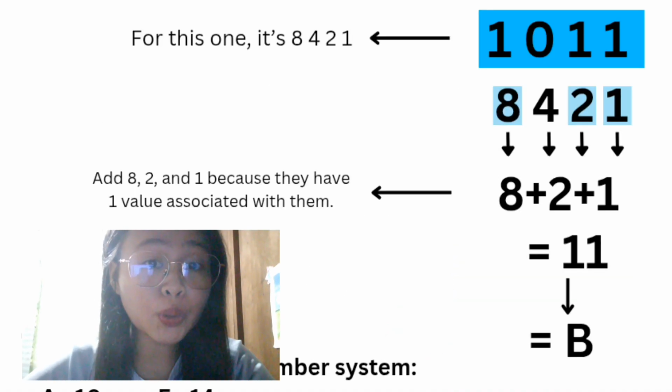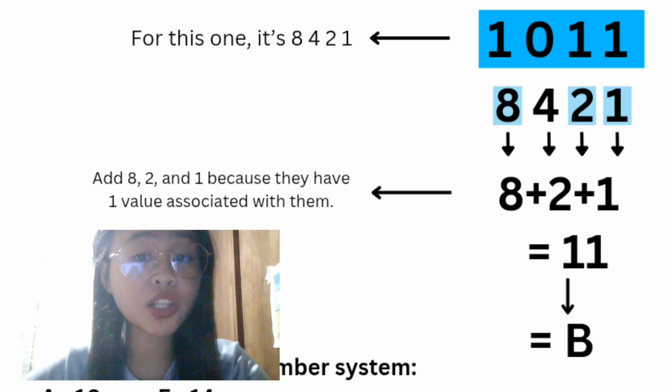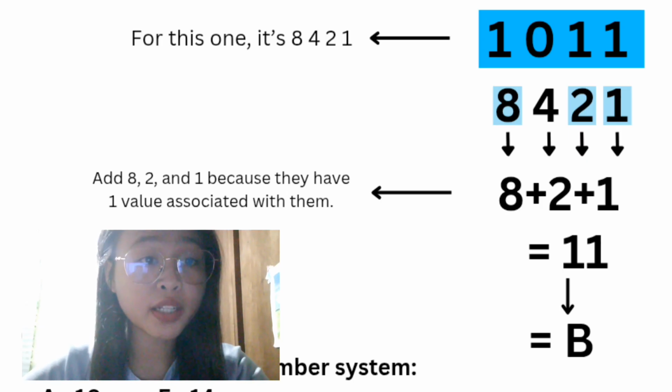The second group that we have to convert is the first group. So, just like the second group, we will convert these binary numbers into decimal numbers, making them 8, 4, 2, and 1. We have to add 8, 2, and 1 because they have one value associated with them. So, 8 plus 2 plus 1 is equal to 11.